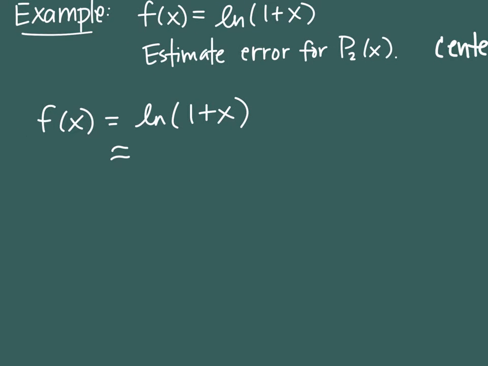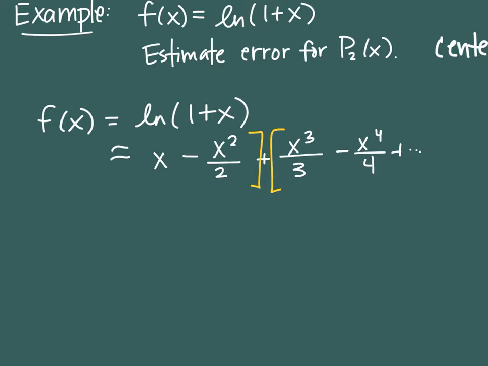So for Maclaurin, this gets us started as x minus x squared over 2 plus x cubed over 3. Okay, there's getting going. So we're going to truncate this at 2, so right here. So this part of it is your polynomial, p2, and this is your r2.